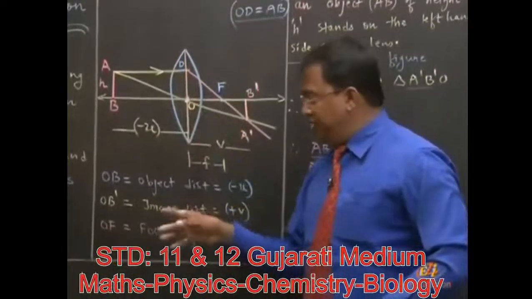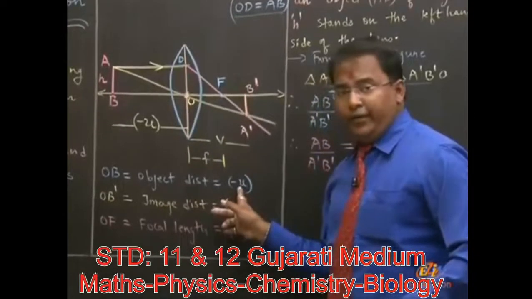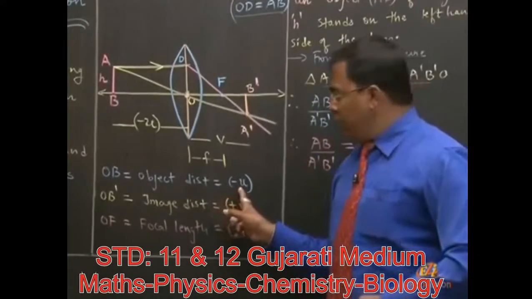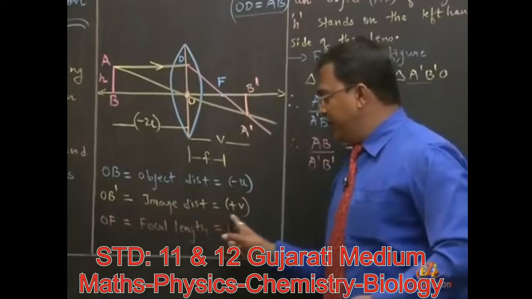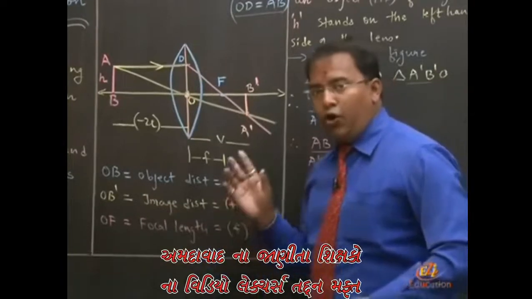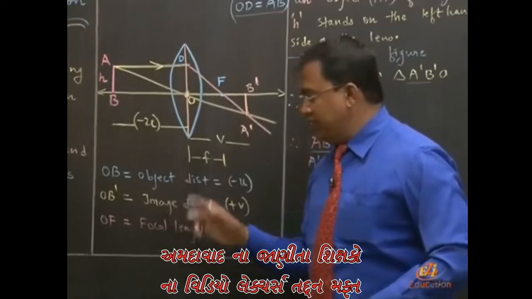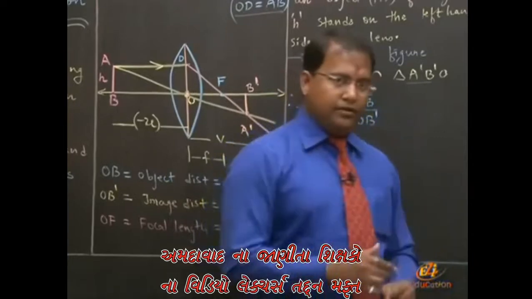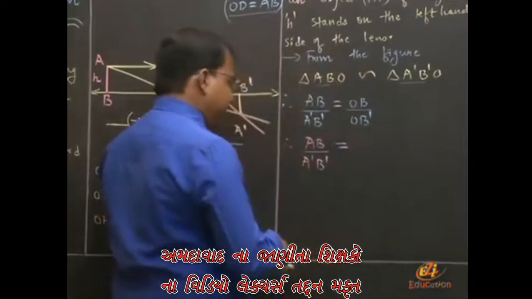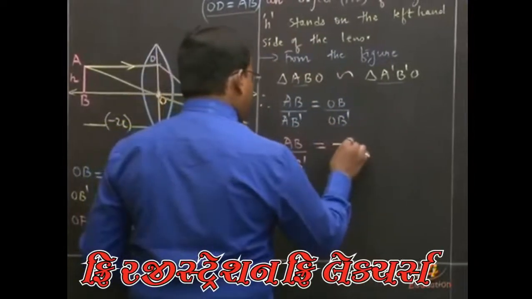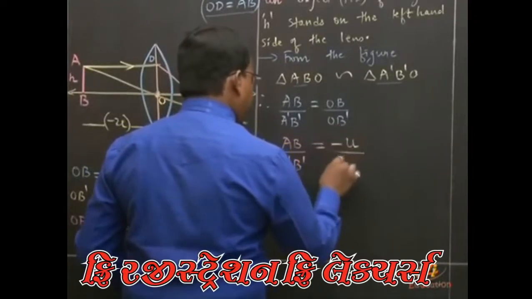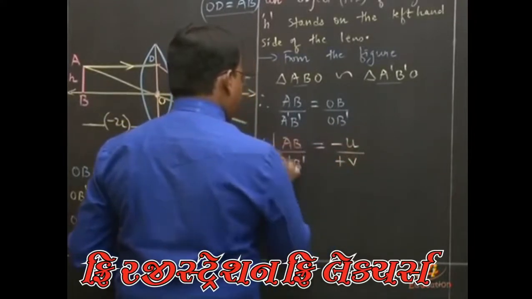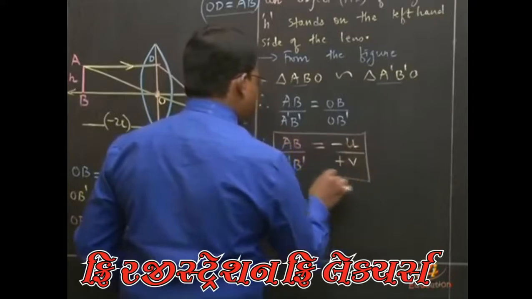It's against the incident ray, so its value will be negative as per the Cartesian sign convention. OB is minus u, OB dash is plus v. Image distance and object distance respectively, here they are.